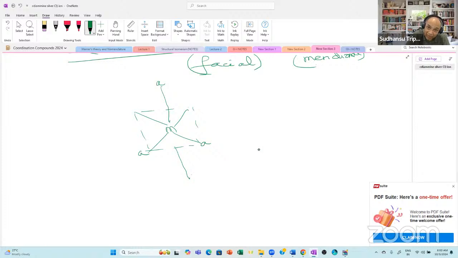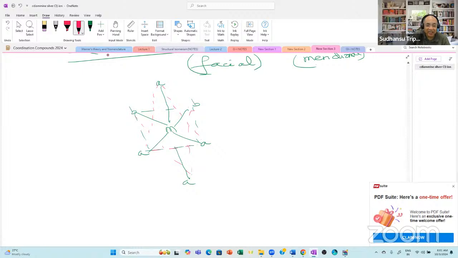If that plane passes through the metal ion, then it becomes meridional, mer. So here AAA and this is BBB. If you make a triangle, this triangle will not pass through M, this is inclined. So also BBB.